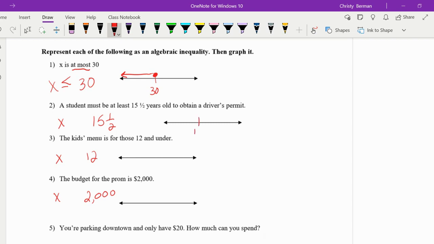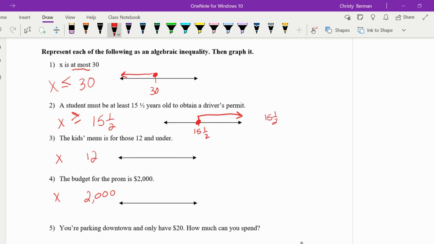So if you say you have to be at least 15 and a half years old, the question is, can you be under or are you over 15 and a half? Can you be 15 and a half? Can you equal that? So when you think about it that way, you have to be greater than or equal to 15 and a half.